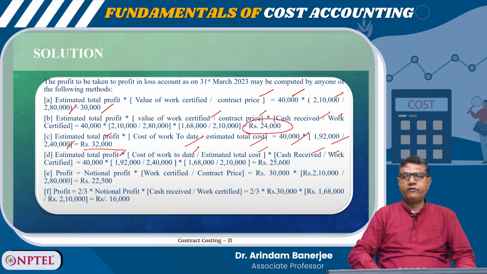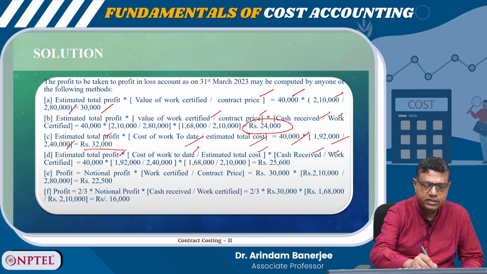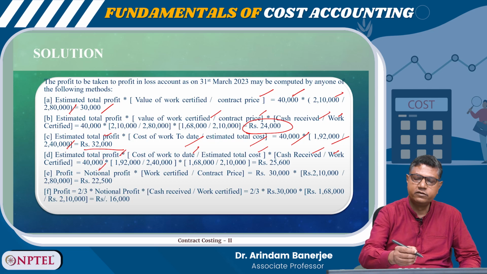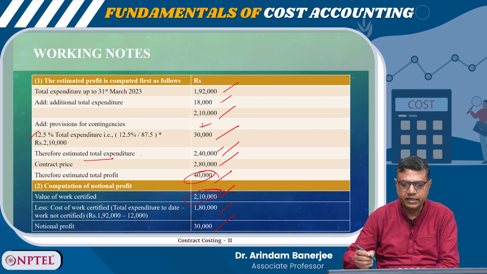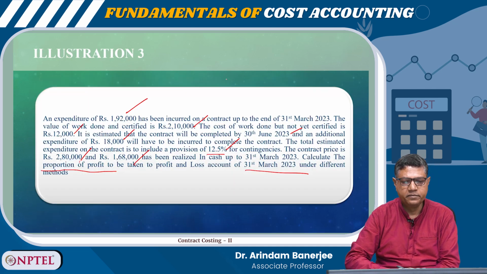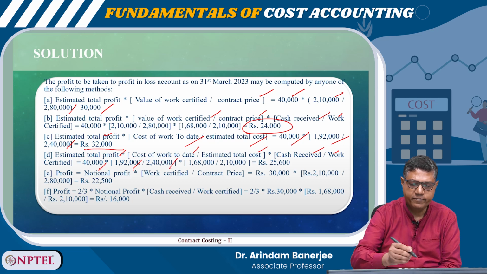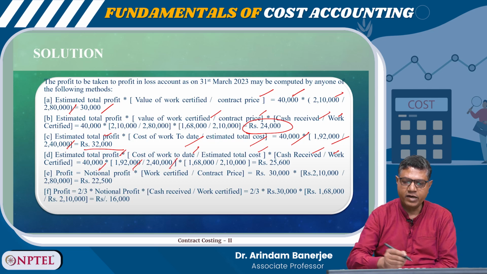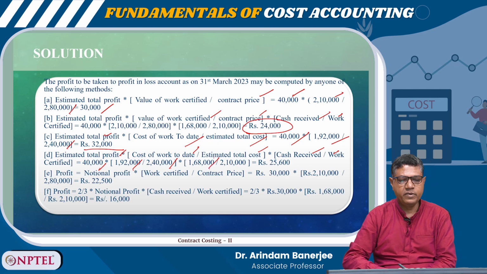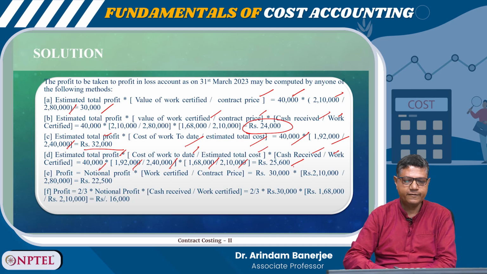We can put the values into this formula: estimated total profit 40,000 into cost of work to date 1,92,000 divided by estimated total cost 2,40,000, into cash received 1,68,000 divided by work certified 2,10,000. If I calculate, it is 25,600.